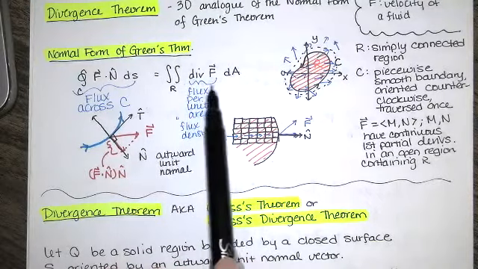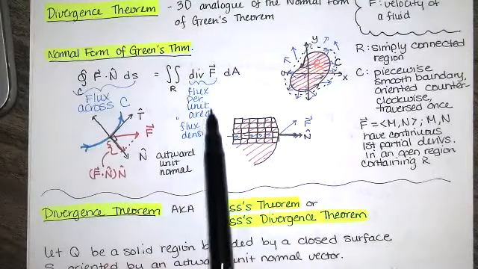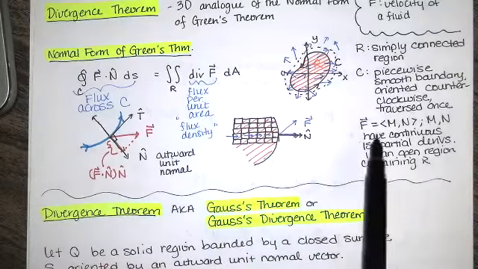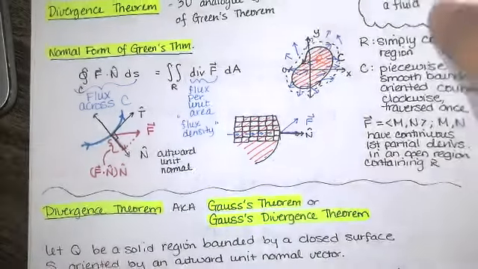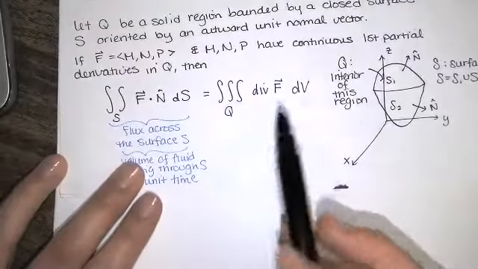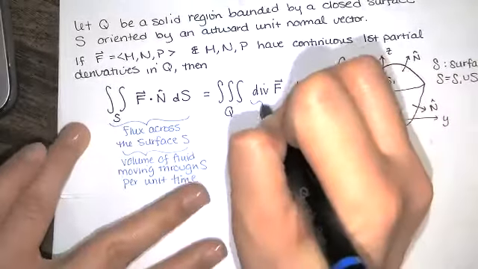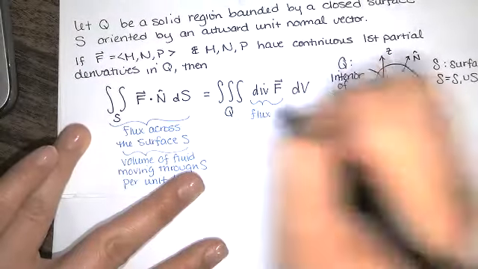If divergence times area gives me flux, divergence must be flux per unit area if we have a field in the plane. Now we see if we have a field in three-dimensional space, this must be flux per unit volume.